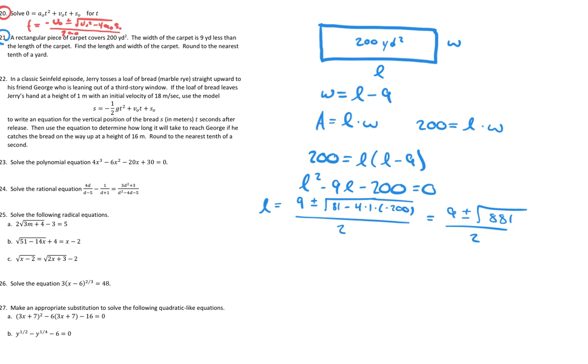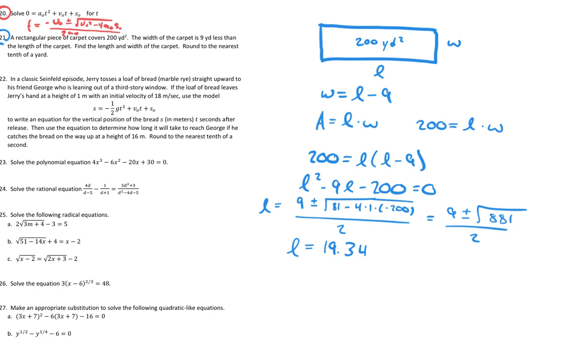So let's consider the positive and negative versions. L can either equal 9 over 2 plus the square root of 881 over 2. This is the positive version, and it's 19.34.